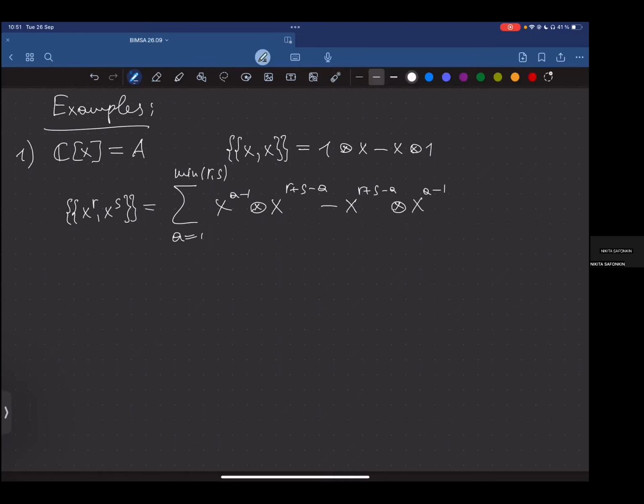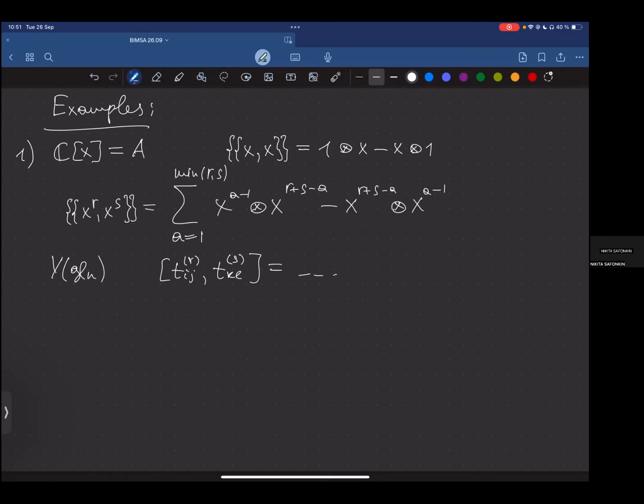And here you can see that this double Poisson bracket is very closely related to the Yangian of GL_N, because as you remember, there was the commutation relation like this with some right-hand side.